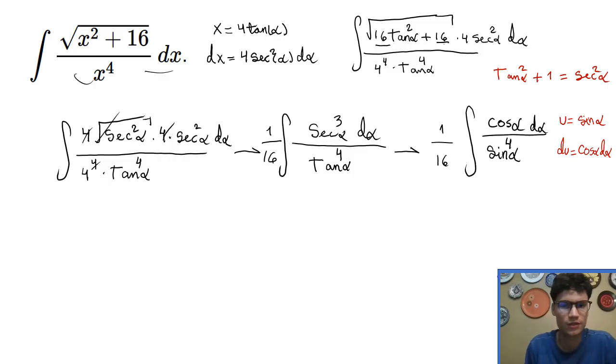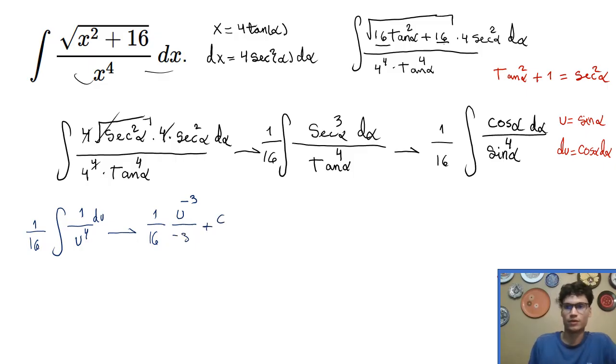So we do this substitution here. Let's use another color. Let's use blue. So 1/16 of basically 1 divided by u to the 4th, du. This is an immediate integral, so let's do it. We have 1/16, and the integral will be u to the -3 divided by -3 plus c.